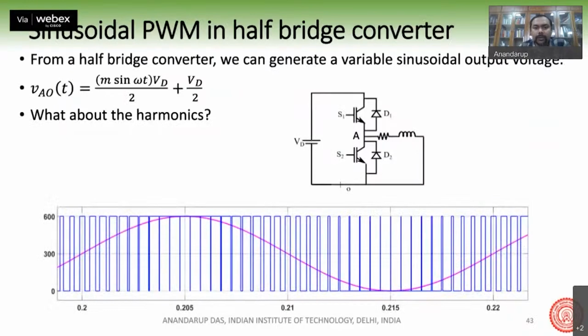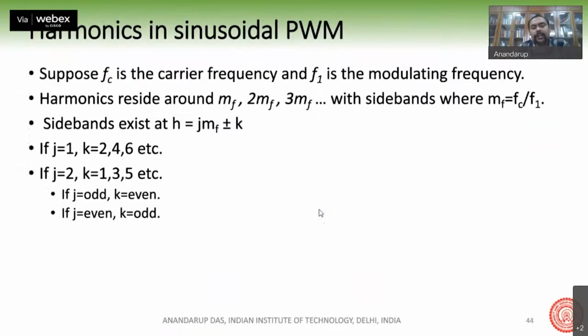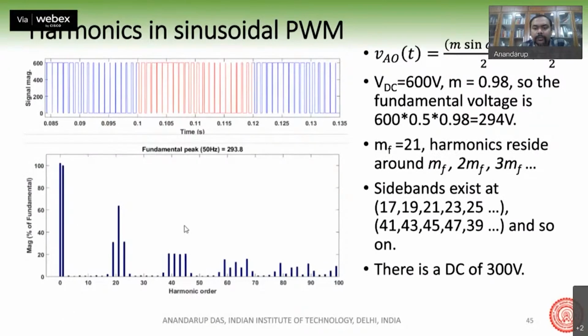Okay. Now, what about the harmonics? In harmonics with sinusoidal PWM, we see that there exist harmonics at around the MF frequency, where MF is the ratio of the carrier frequency to the fundamental frequency.